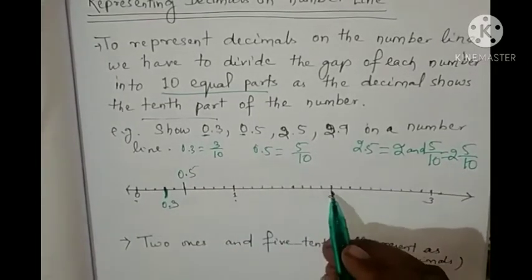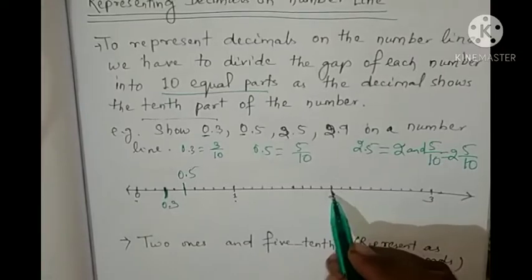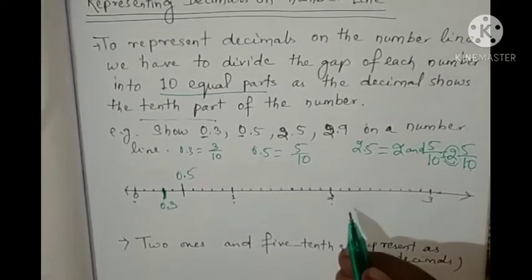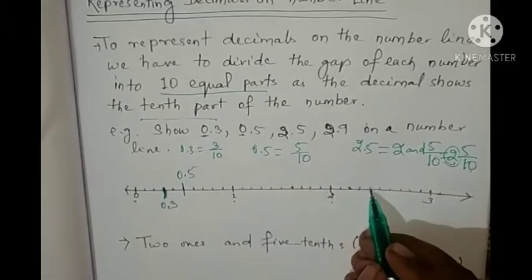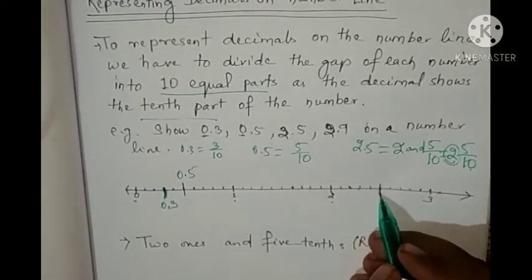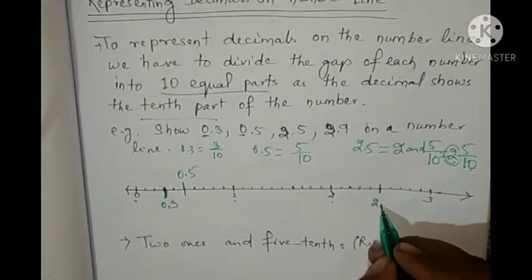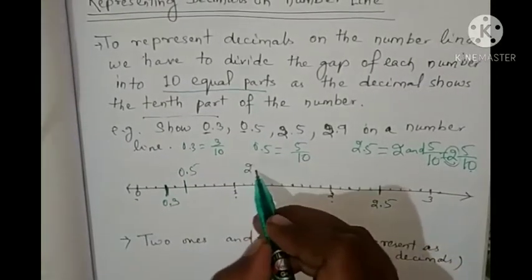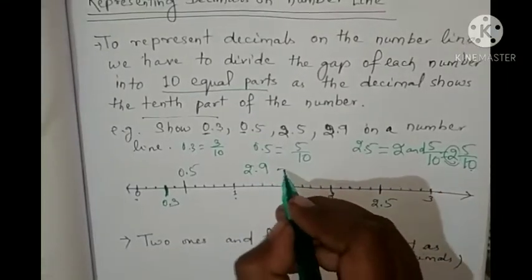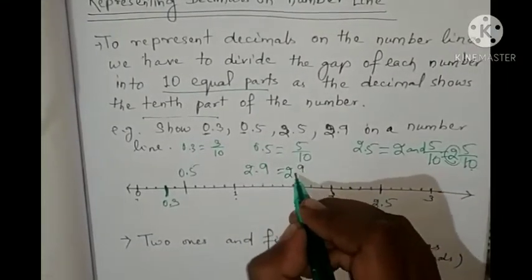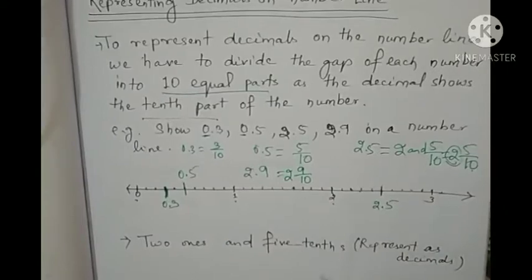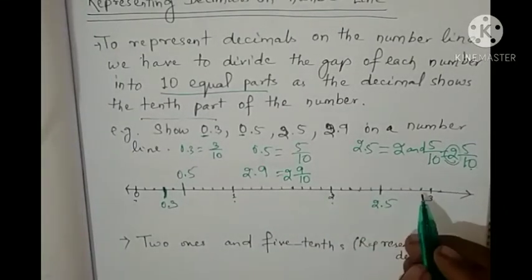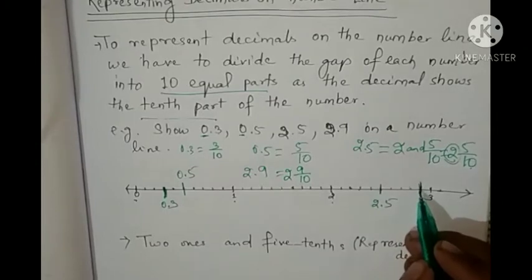So where is 2? 2 is here. 2 is the whole number, then 5 by 10. 1, 2, 3, 4, 5. So this is 2.5. Next see 2.9. 2.9 means 2 and 9 by 10. So 2, then 9 by 10.